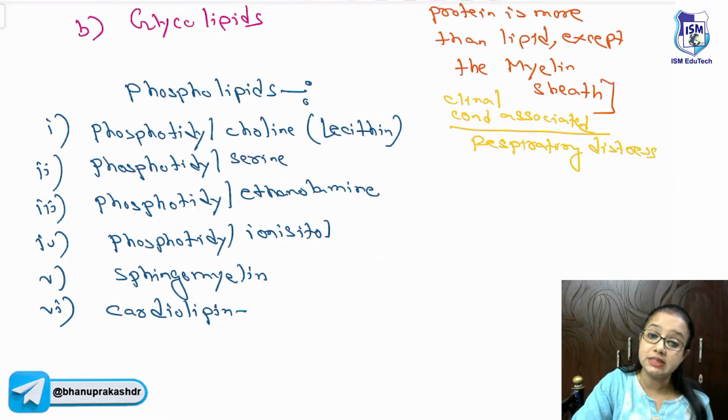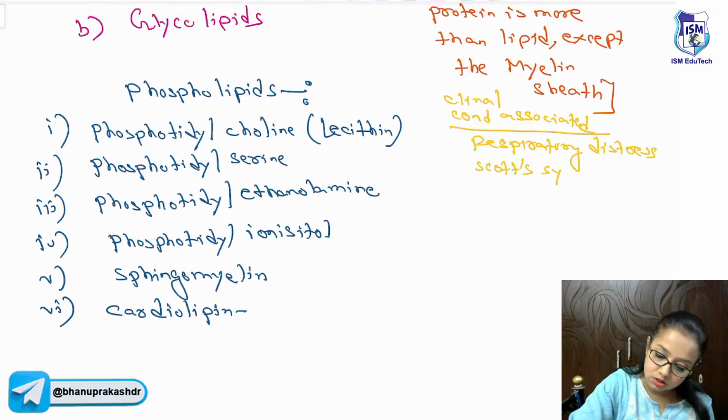If phosphatidylserine is not present in sufficient quantity, it leads to a hemorrhagic, bleeding disorder called Koch's syndrome. Just know the name of the diseases.